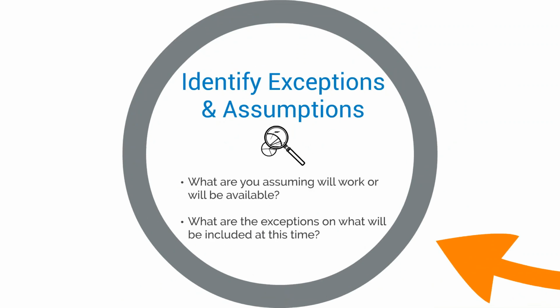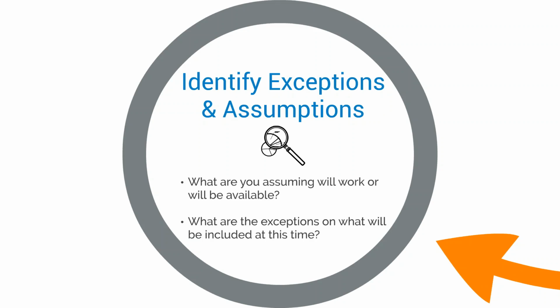So once you have your deliverables defined, it will be important to also outline where your exceptions are and any assumptions that you're making. As you've gone through and defined the workflows or the forms processes or the security or the data sources that you're going to build, you are making some assumptions of things that you're going to need to have in place or available at the time that you build out that solution.